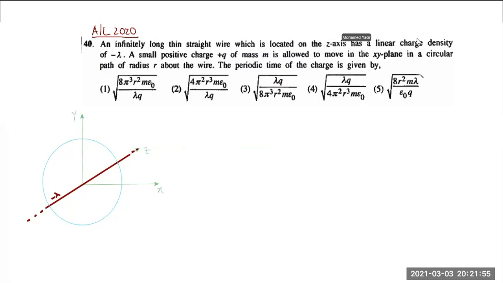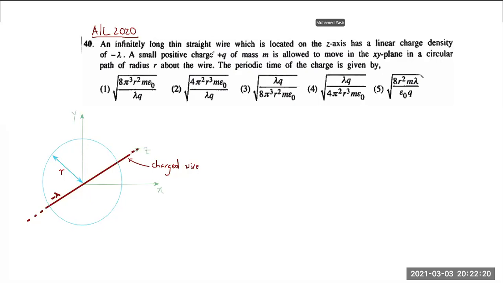That charged wire is going through the center of the circle, and the radius of the circular path is r. They have given that r.